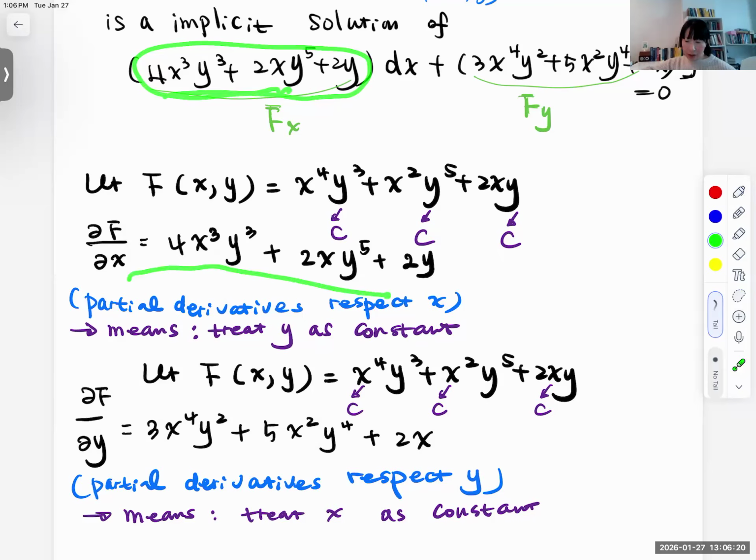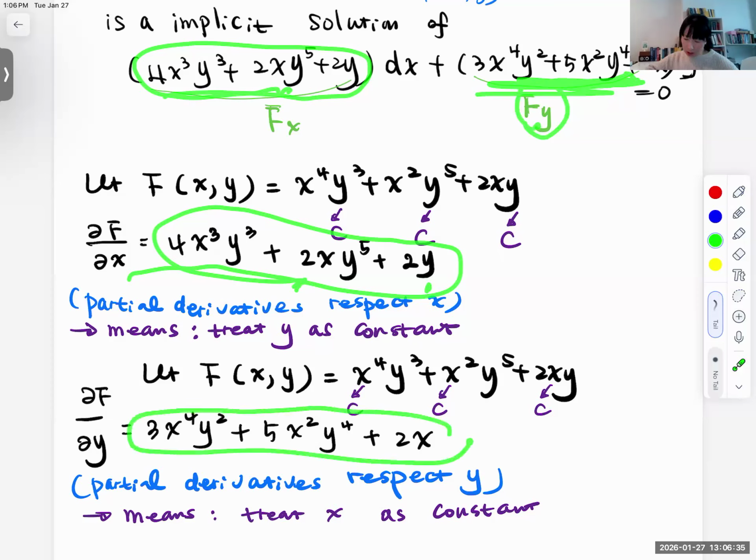So we have this. It's the same, right? Okay, how about here? This is the form of partial derivative with respect to y, right? So can we get the same? Yes, we get the same, right?